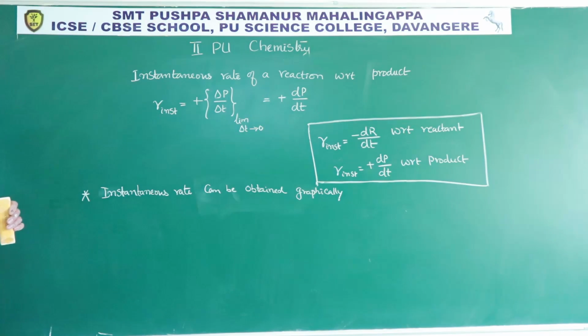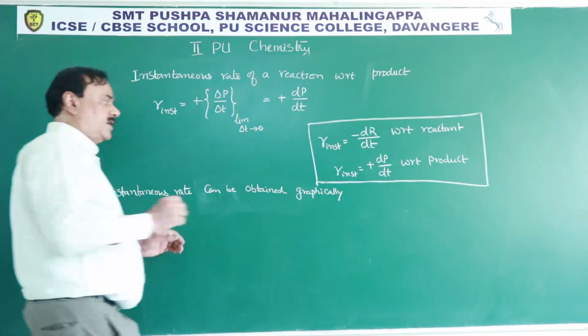Instantaneous rate can be obtained graphically by drawing a tangent at a time t.